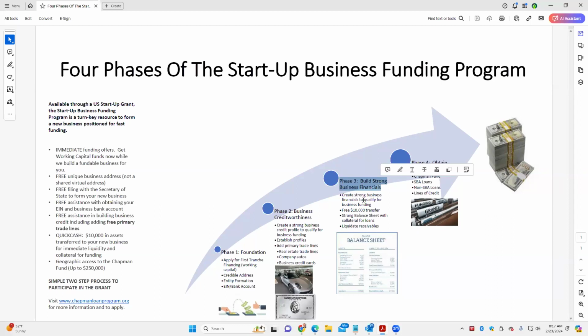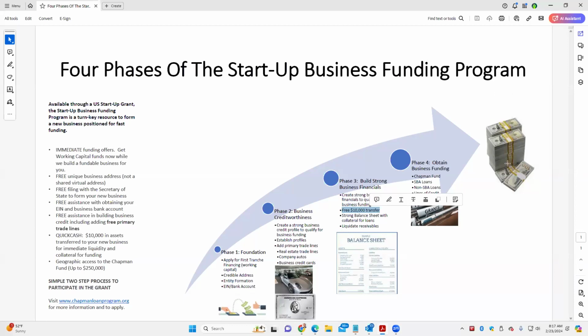What you and I know is the strength of our financials are directly impacting our ability to get funding. So on the graphic, it clarifies, it creates strong business financials to qualify for business funding. Here's where that 10,000 transfer comes in. So again, what do we want to be doing? We want to be clarifying to the client, here's the value that you get.